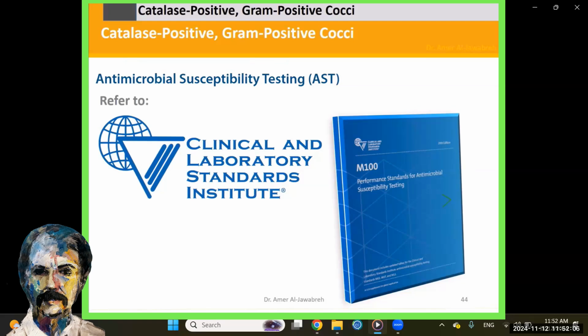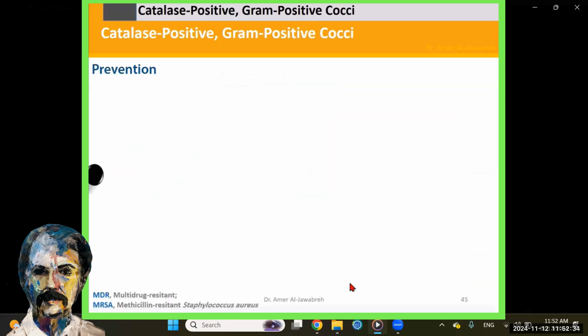Are the antibiotics effective against S. aureus or not? We will talk about this in detail in the lab. Of course, there are 2 institutions, one American, CLSI, and another one is European. We call it EUCAST. We'll talk about these 2 and AST in detail in the lab.